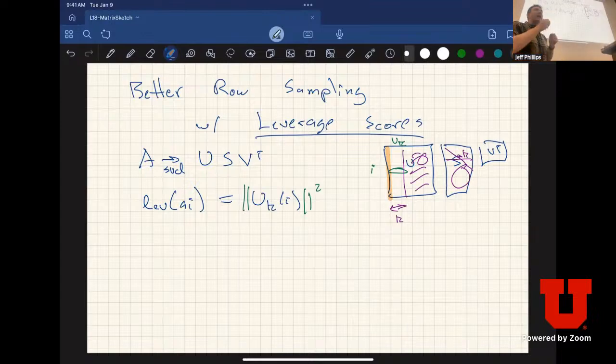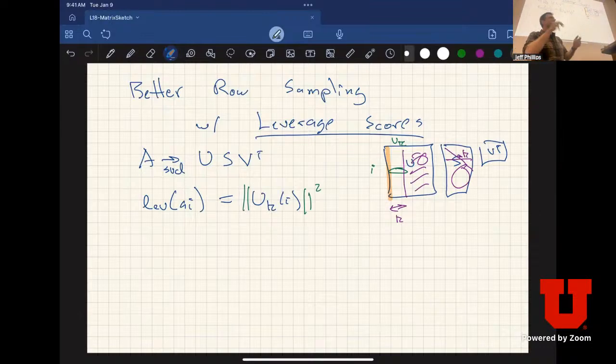But if a lot of points are important in this direction, then the squared norm of that column is spread out over a lot of points. So if a point has a large kth leverage score, it's important in that subspace and representative, and if I don't sample it, there aren't a lot of other good replacements. If it has a small score, it might be well aligned in that subspace, but there could be a lot of other replacements for it.